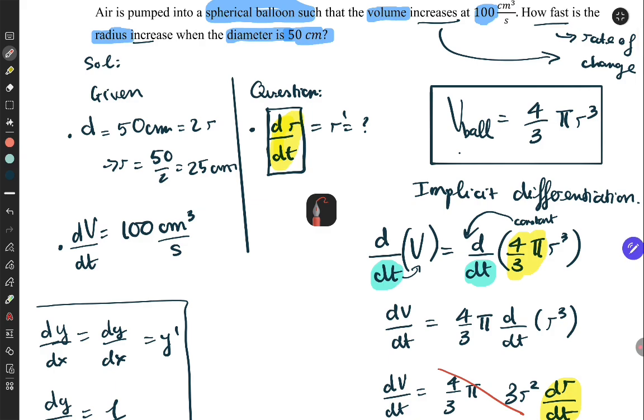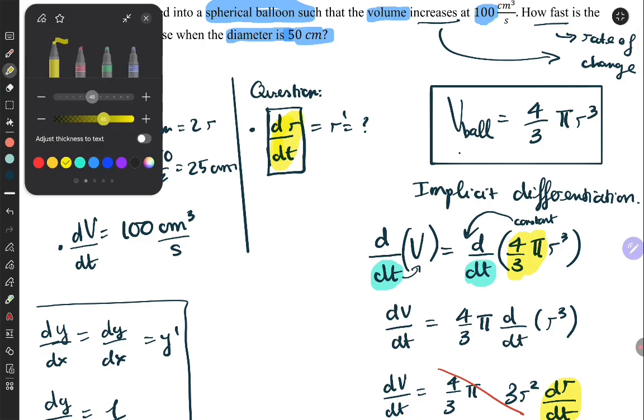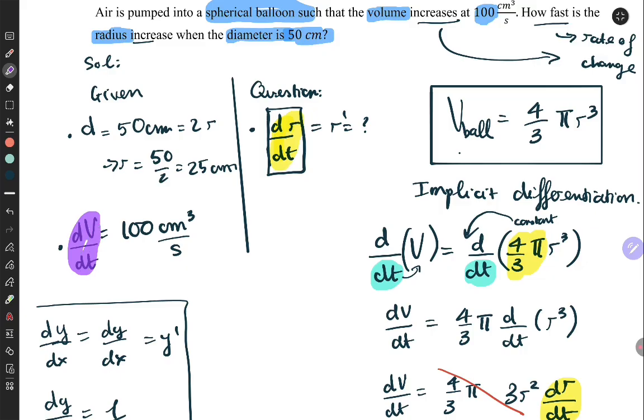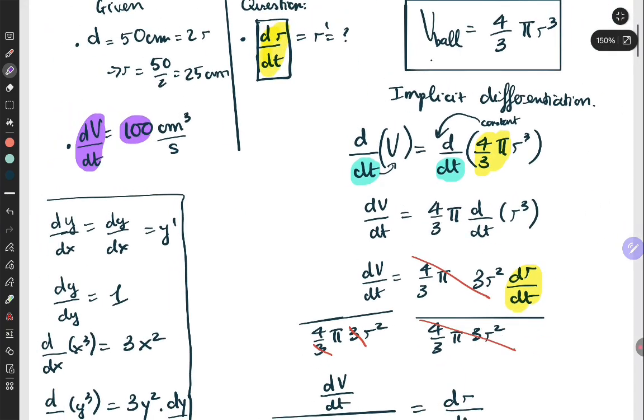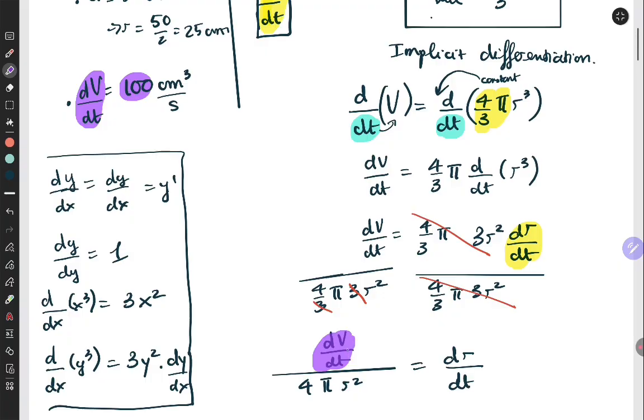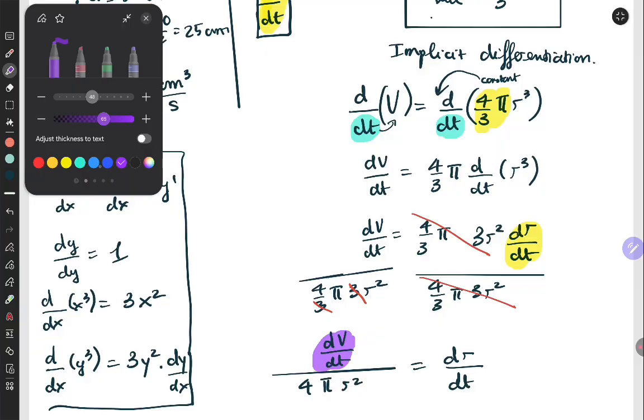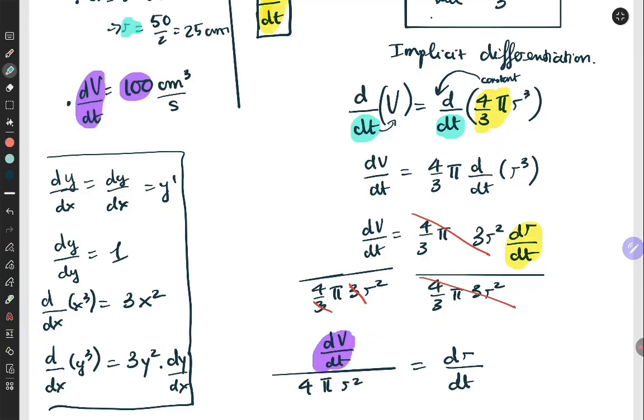I'm going to use color. Purple one is 100. dv over dt, that purple is 100. R, 25, correct. We have everything on the left hand side.